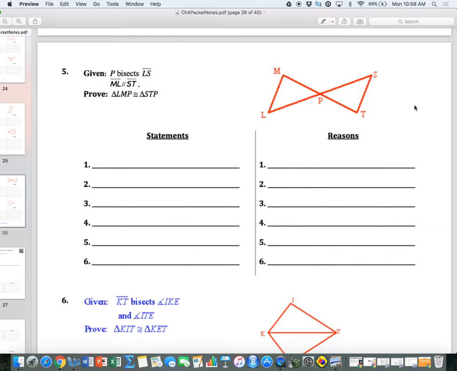MT and LS are both interior. This is where we use this. So I can just leave it? Sure. So I don't have to write both on. No, I write both on the same line. I was right.